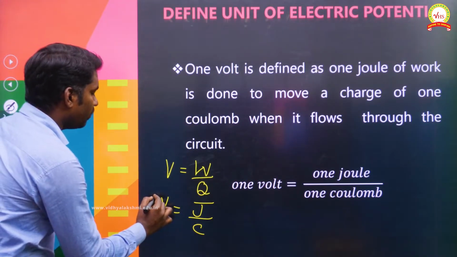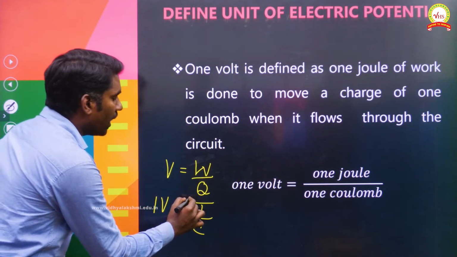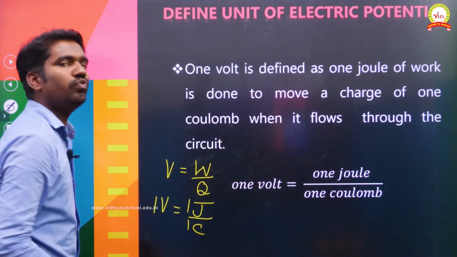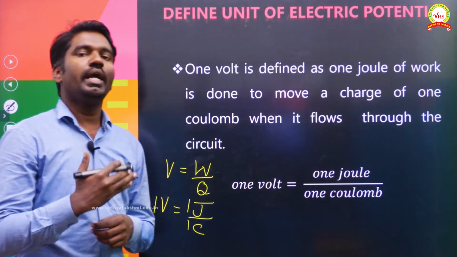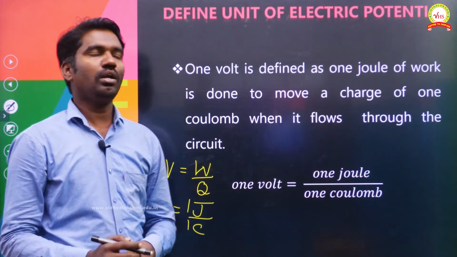So here we are going to define 1 volt. 1 volt is defined as 1 joule of work done in order to move a charge of 1 coulomb. We do work of 1 joule in order to move a charge of 1 coulomb. That is what we call 1 volt.